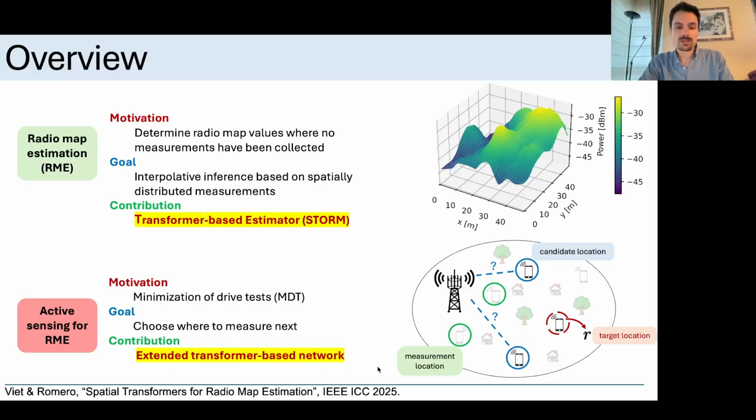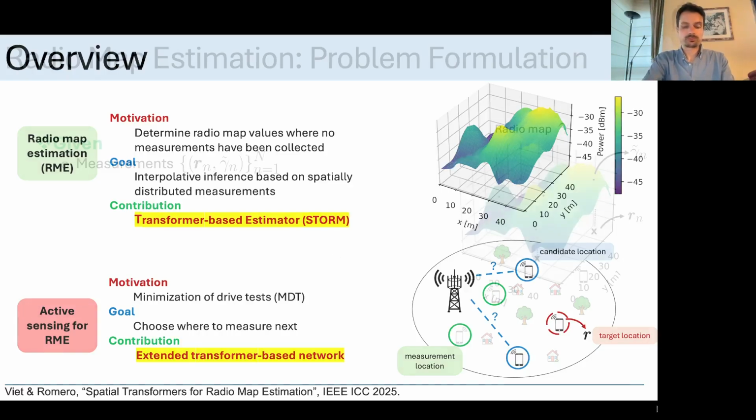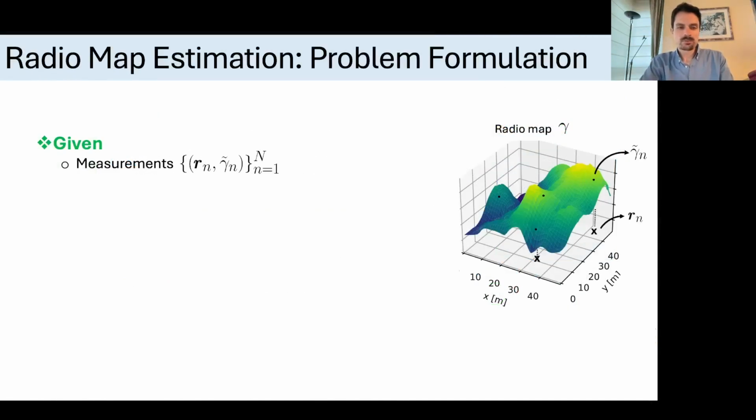And we do that by extending the transformer from this first contribution. So let us start by formulating the radio map estimation problem. This problem is nothing but the function estimation problem that we saw earlier with different terminology and notation.